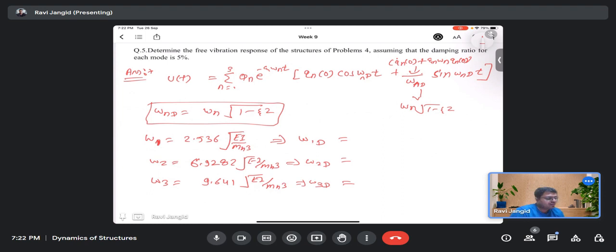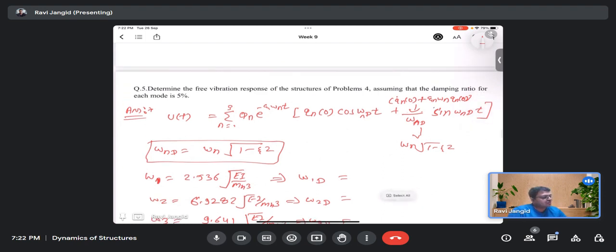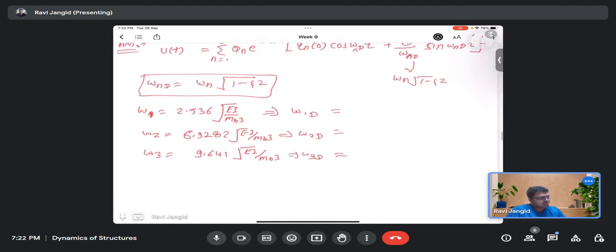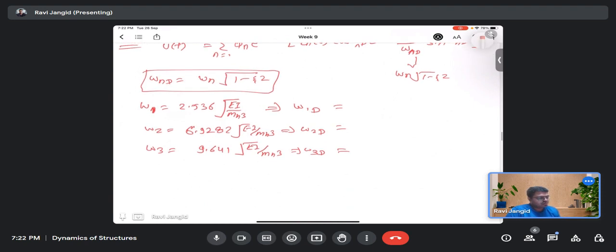And we need one more term, xi n omega n. You can find out omega n, and you have xi n is 5% for all the modes. So you can find xi 1 omega 1, xi 2 omega 2, xi 3 omega 3. After finding that, there is nothing to do.